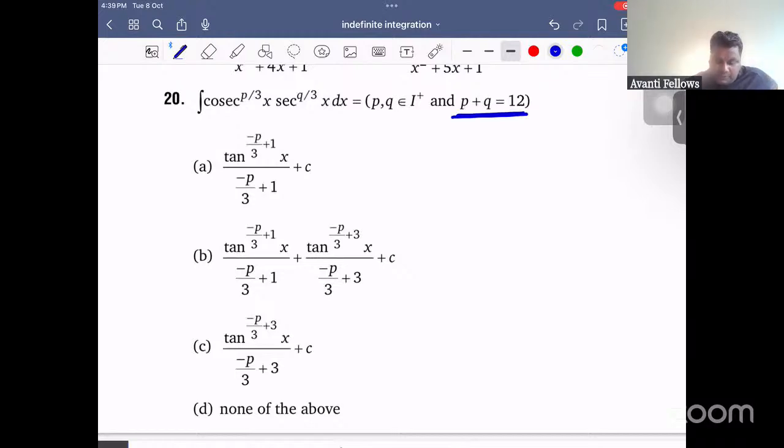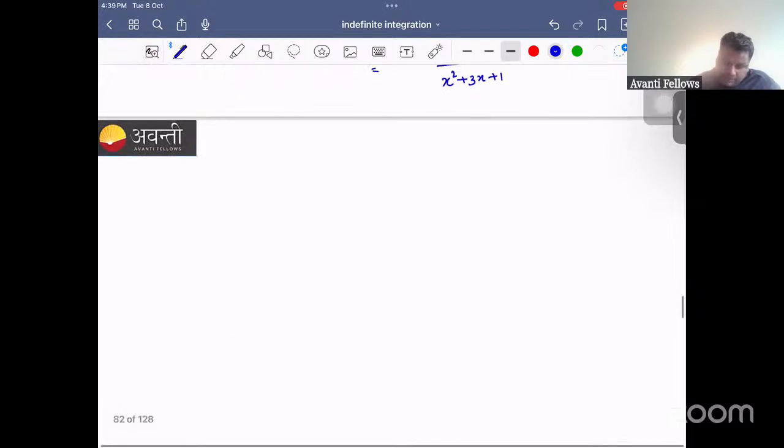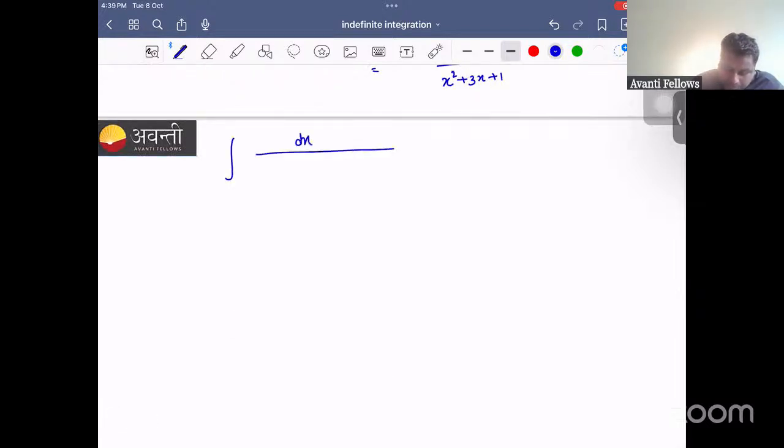Cosec x raised to the power p by 3, sec x raised to the power q by 3. See, the question is integration dx upon sin x raised to the power p by 3 cos x raised to the power q by 3. I took it in the denominator. All right, so now what do I do?